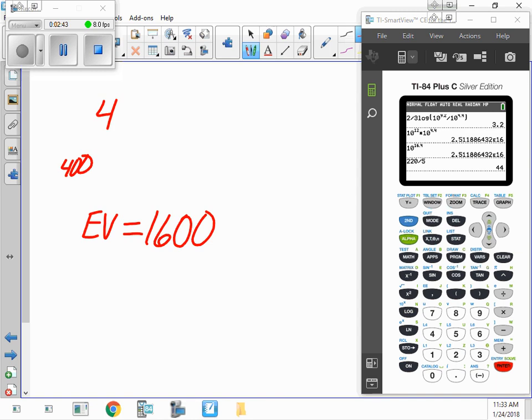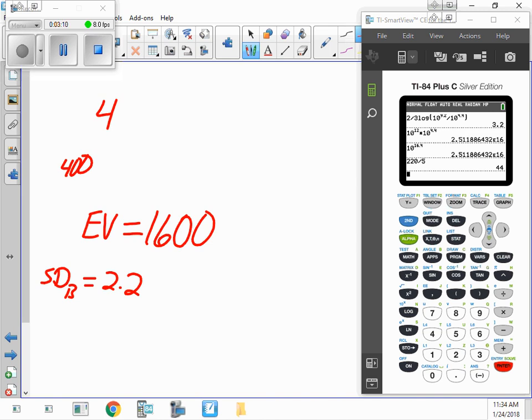Well, we need the SD of the box. Can I use the shortcut? No, why not? There are more than 2 different numbers in the box. So I find the SD of the box, and I get 2.2. What does that mean? Nope. The numbers in the box are on average 2.2 units away from 4.